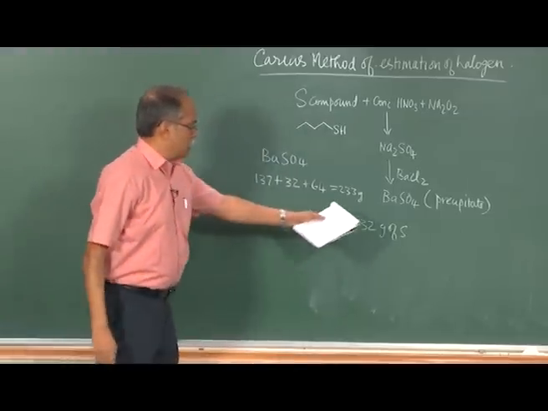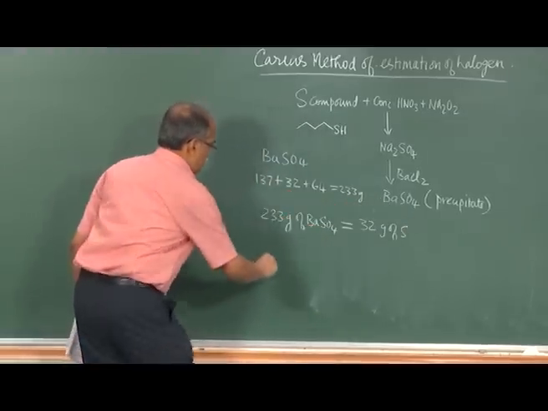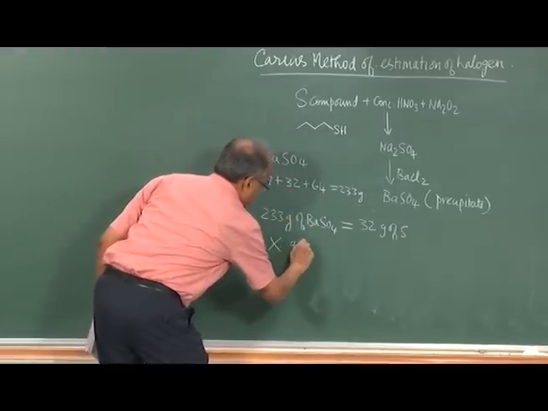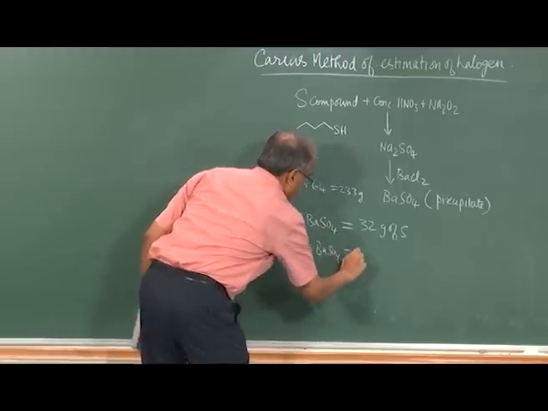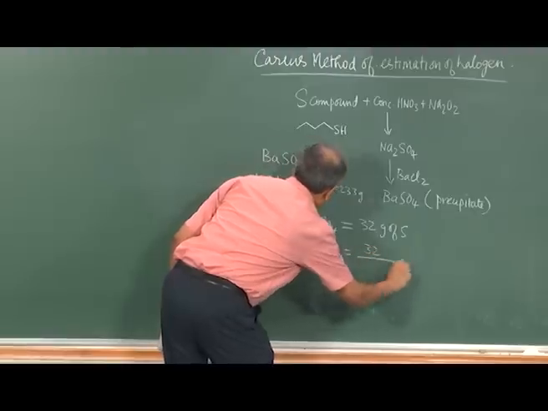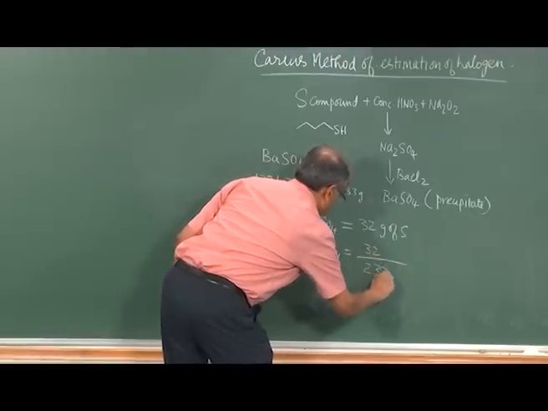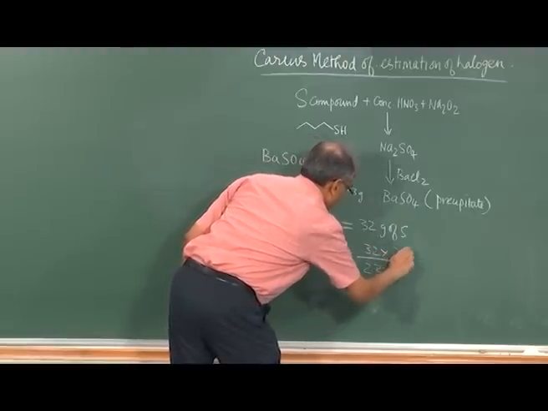So, the weight of barium sulfate you get from here, let us say it is x grams of barium sulfate, would contain 32 divided by 233 multiplied by x grams of sulfur.